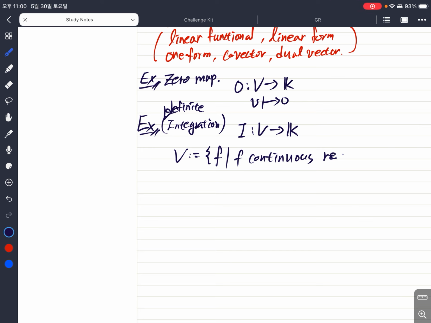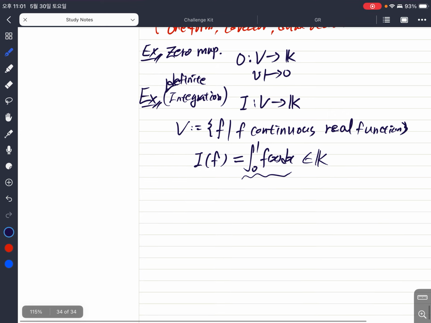This is one of the simplest cases I can think of. And then I(f) is calculated like this, the integral from 0 to 1 of f(x) dx. Because this is a number, you always get a number. And we already learned that integration is a linear map. Definite integration is also a linear map.